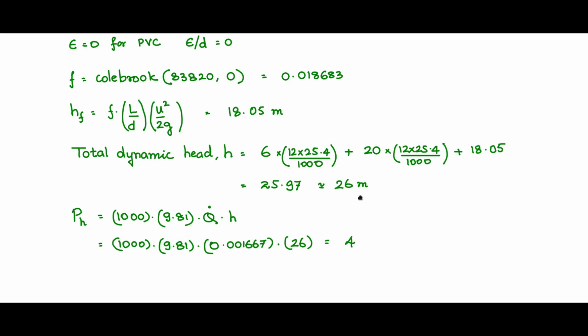So this all comes to around 425 watts. So 425 watts of hydraulic power, worst case, is needed for pumping water from the sump to the overhead tank, which is 20 feet above the ground level. You will need 425 watts. So probably most homes will have a 1 HP single phase pump to do the job.